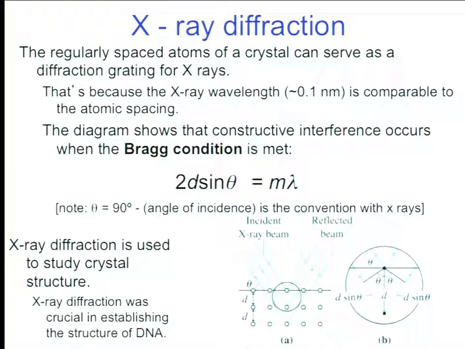Or if you know the wavelength, like in the case of the X-ray, you know the wavelength, you can get the spacing. Now, what you can do is you can combine them. You can use a grating to get a particular wavelength and then shine that wavelength on something else and get a spacing.